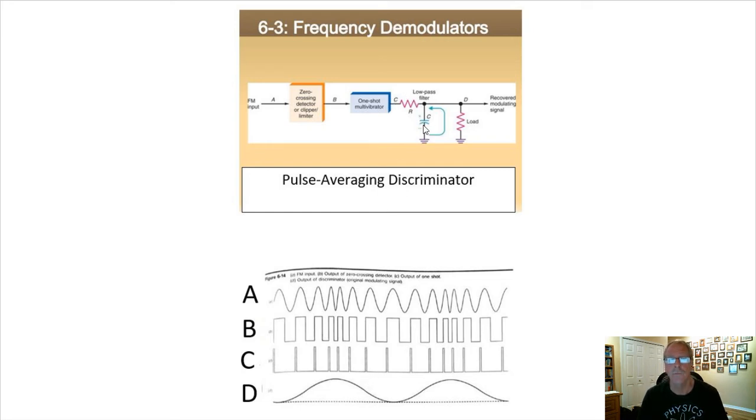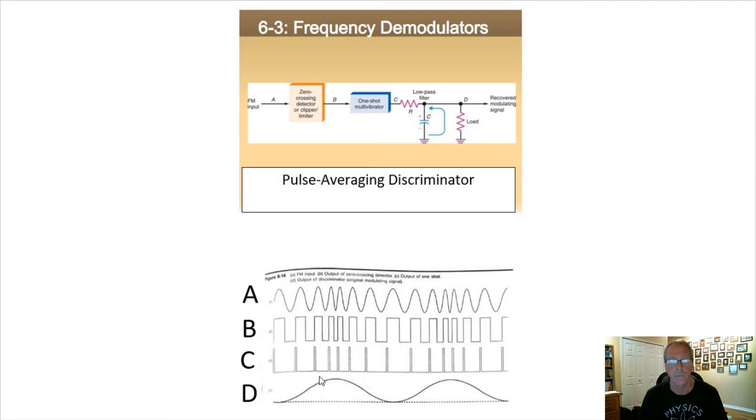That low-pass filter is basically a charge pump, I like to call it. It charges the capacitor, and the capacitor gets charged more often the more pulses come along. The pulses in this area are spaced apart, and pulses in this area are closer together. So the more often that capacitor gets charged up, the higher the output voltage is going to be.